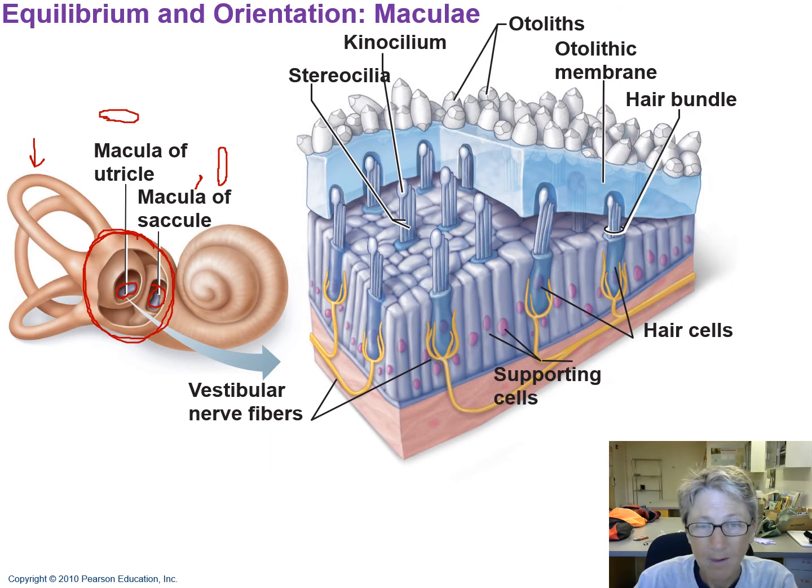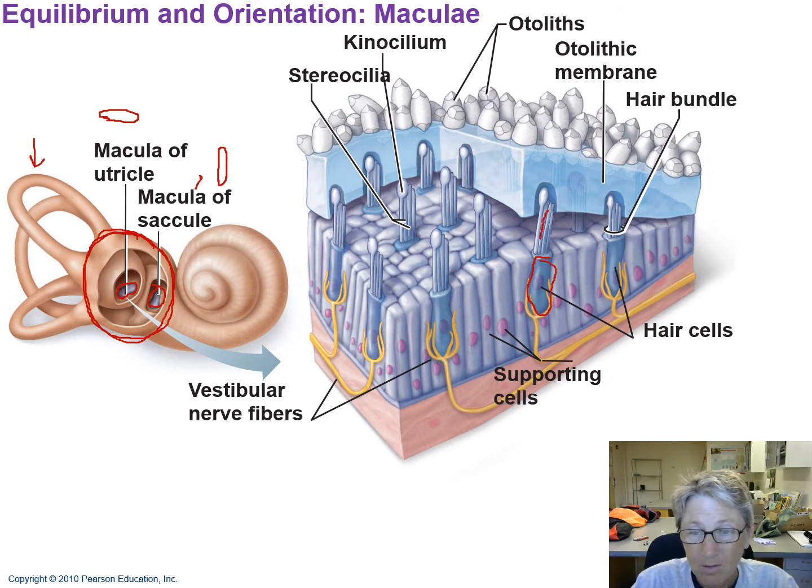So we've got our old friends, the hair cells. Just like if you read about hearing, you know that we had hair cells with stereocilia for hearing. Well, Mother Nature decided to use hair cells here too. So here's a hair cell.